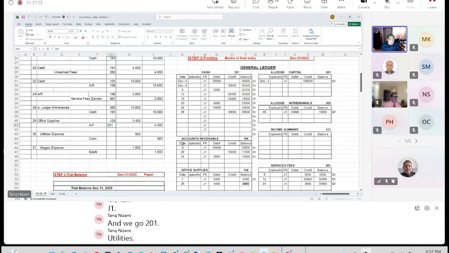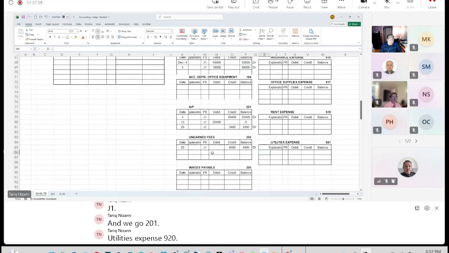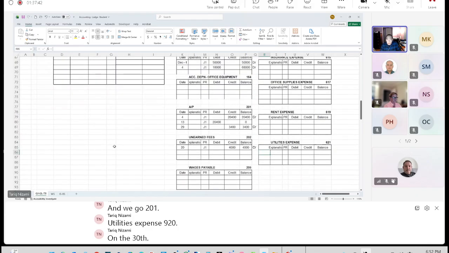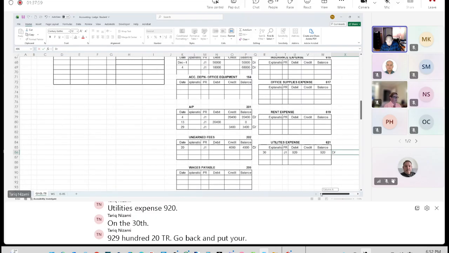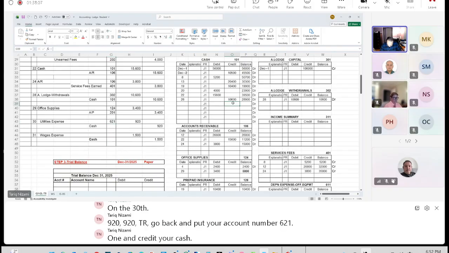Utilities expense 920 on the 30th. 920 DR. Go back and put your account number 621, and credit your cash by 920.